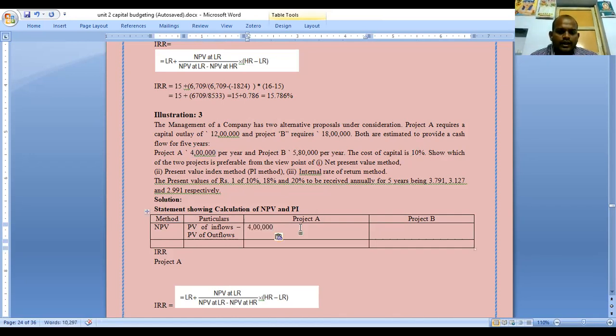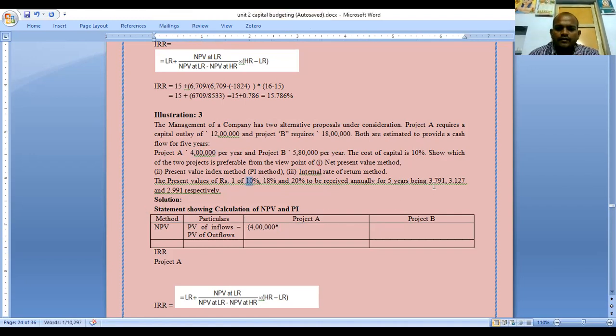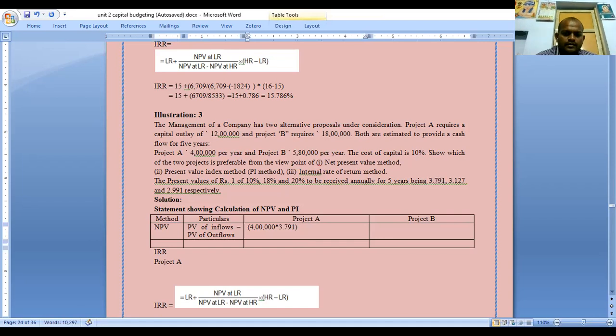So 4 lakhs into at 10% annuity factor is 3.791. 3.791 minus PV of outflows. Outflows are 12 lakhs.